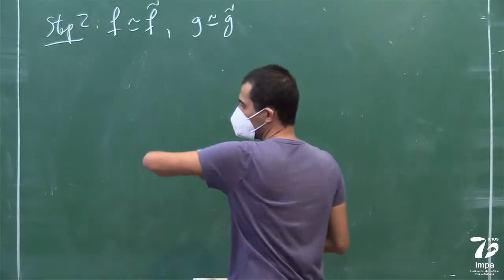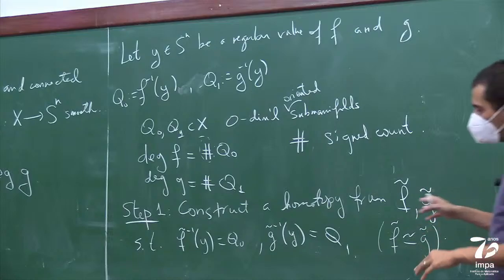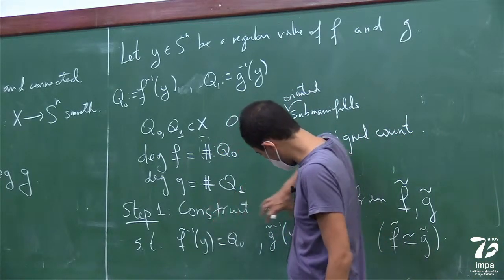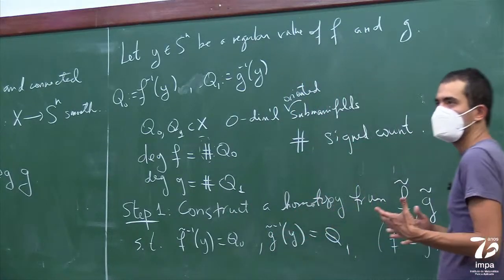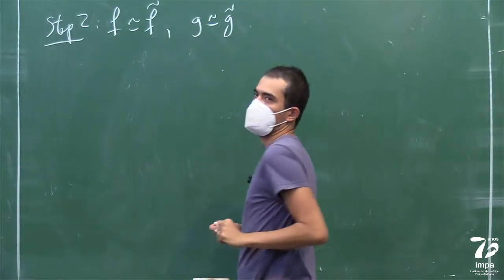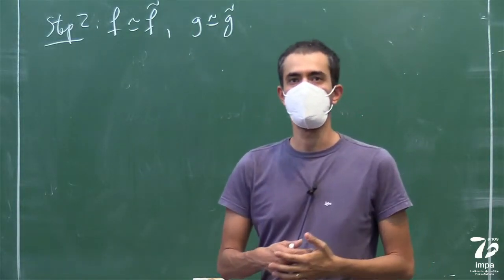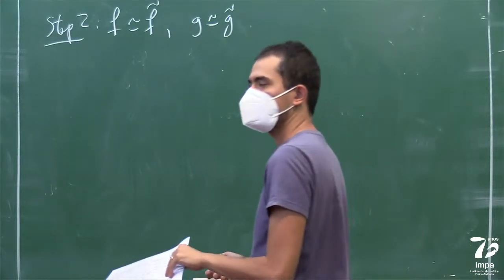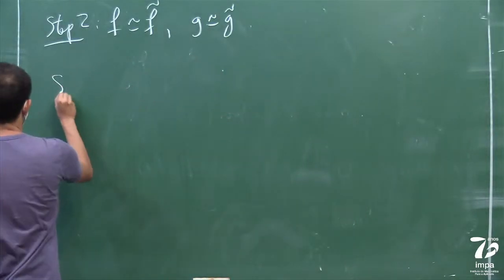And in the second step, I'll show you that, because of this property for f tilde and this property for g tilde, that's enough to show that they're homotopic to the original guys, that they are a good replacement indeed. Okay, so that's the map ahead of us. Now let's do these steps. So step 1.